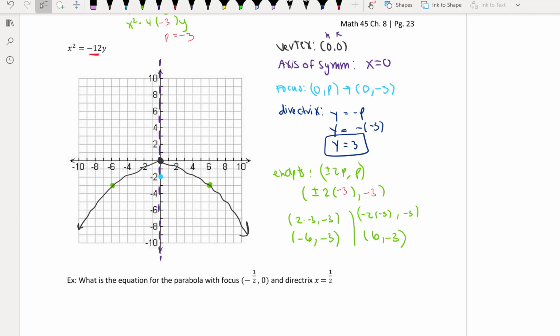And the last thing I needed to draw was my directrix. The directrix is y is equal to positive 3. So I have just drawn my directrix. And so I have graphed this equation, x squared is equal to negative 12y. Like I said, we knew how to draw a parabola, but now it's in a lot more detail than we've ever done before.